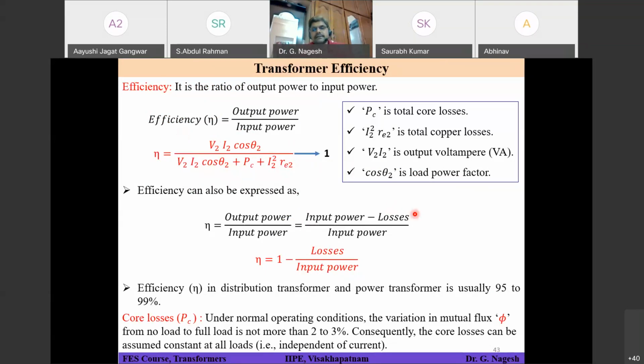Try to find that condition, differentiating this efficiency expression with respect to I2 and equating the result to 0.